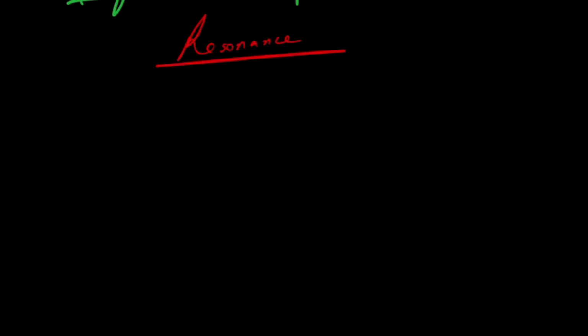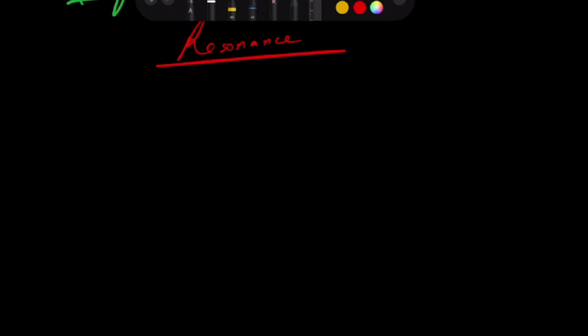Now everybody may be having some idea about resonance. What happens in resonance is there is delocalization of electrons through conjugation. I'll give you one example. If you have ethyl alcohol, CH3CH2OH, it can act like acid. How can it act like acid?